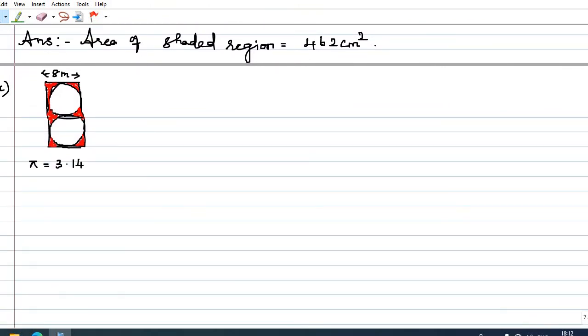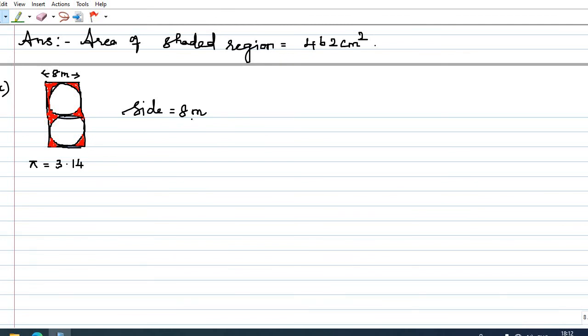See this. 2 square boxes. In this 2 circles are there. And I am going to find out the shaded region, which is in the red color part. That I am going to find out. See, listen. Here, the side, what they are given? 8 meter.